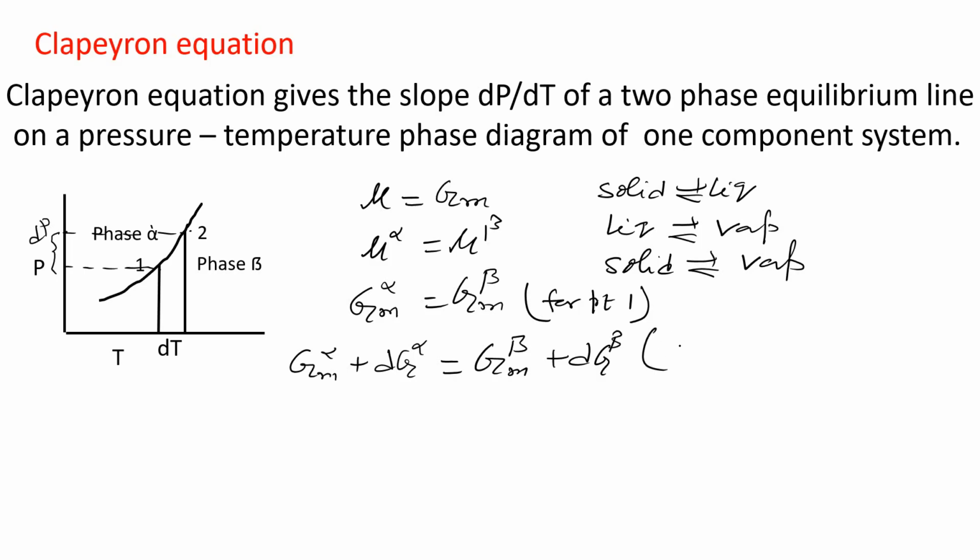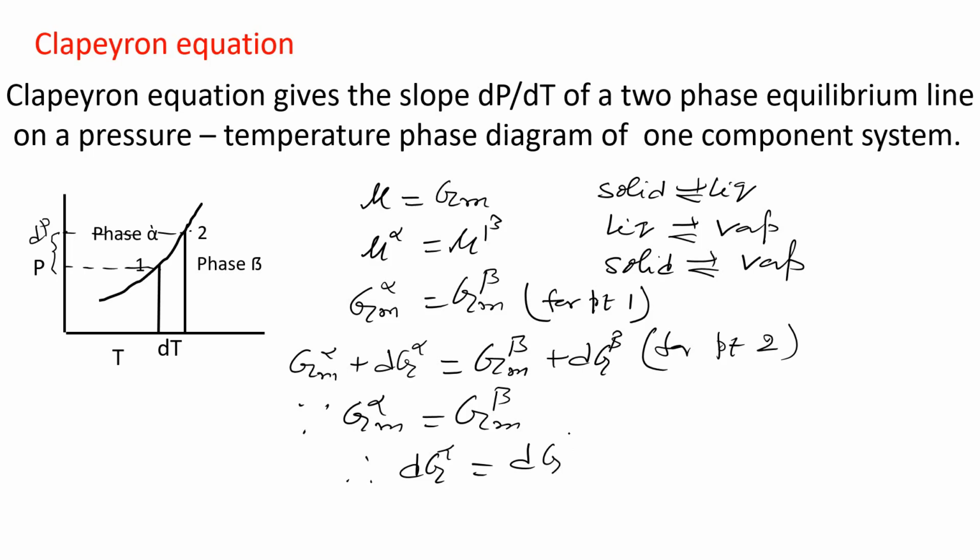So point 2 once again it is in equilibrium. So this is the condition. Now already we have written that since Gm alpha is equal to Gm beta, therefore dG alpha is equal to dG beta. Right? We can write these things.